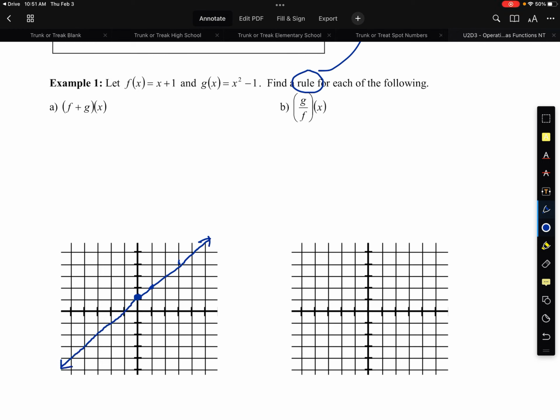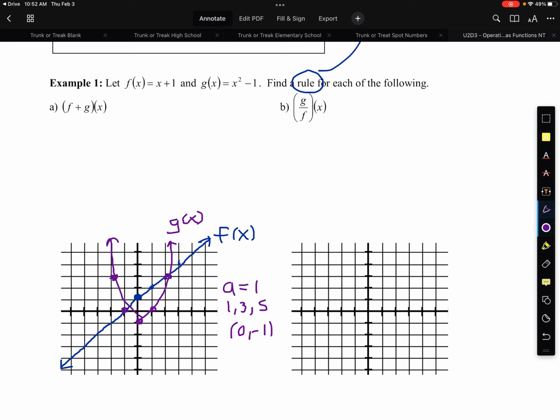With my parabola, since a is 1, as we talked about in class, I use the 1, 3, 5 method. My vertex is at 0, negative 1. I'm going up 1 over 1, up 3 over 1, and then 5 would be off the graph. There is g of x.